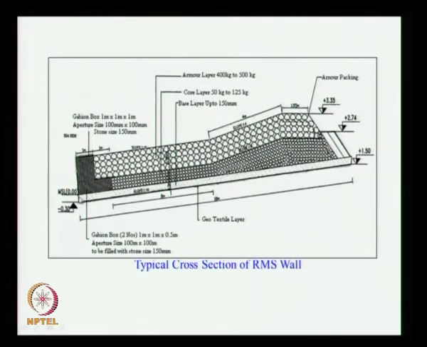We have given mean sea level as 0.0, which is not the normal convention. Normally chart datum is given as 0.00, but here we have used mean sea level as 0.00. So we take about 30 centimeters below the mean sea level. Typically the sea wall width is about 18 meters, from this point to this point, and we give a slope of 1:10.